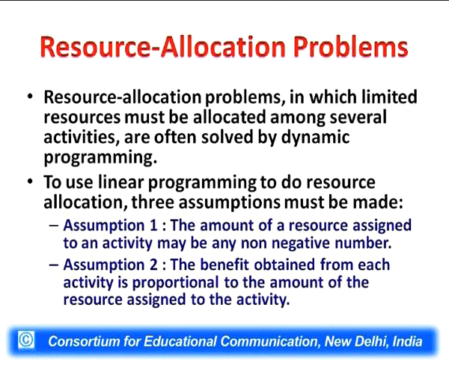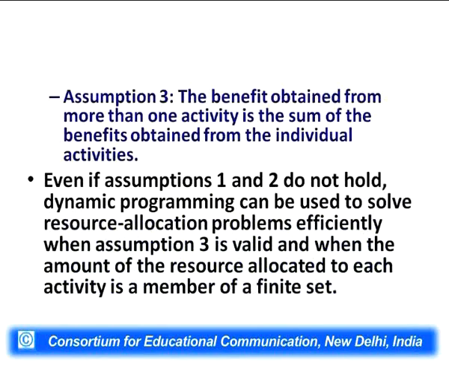Second assumption, the benefit obtained from each activity is proportional to the amount of the resource assigned to the activity. So, the principle of unity is applicable in this assumption. And assumption number three, the benefit obtained from more than one activity is the sum of the benefits obtained from the individual activities, meaning individual activity solutions can be added together.